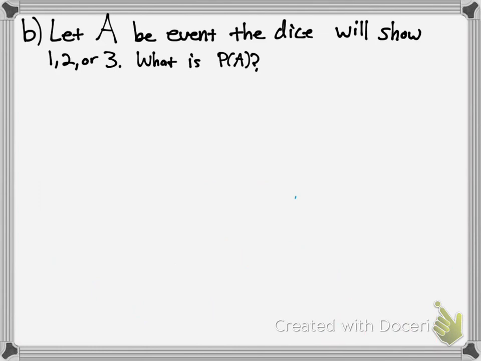Okay. So, let A be the event that the die will show a 1, 2, or 3. What is the probability of A? If you get a 1, 2, or 3, that means you flip a coin and get tails, then roll a 1; or you flip tails and roll a 2; or tails and roll a 3.